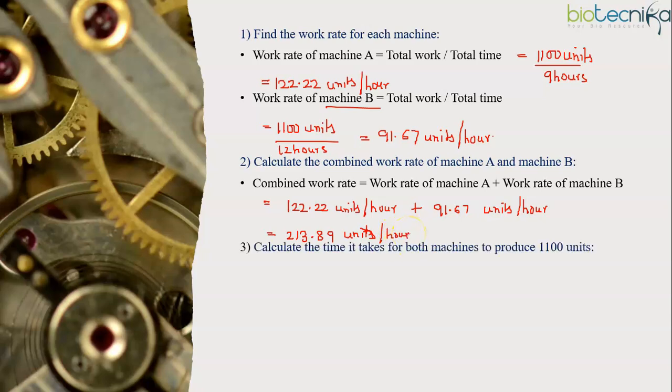Then the next step is we'll calculate the time it takes for both machines to produce 1100 units. As we know, time is equal to total work by combined work rate. Substituting the values, total work 1100 units and combined work rate is 213.89 units per hour.